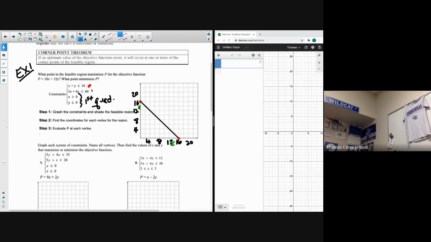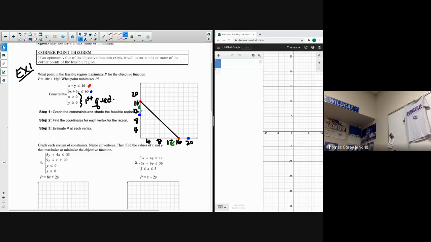All right, the other one, thinking about the intercepts, my x-intercept is going to be 60 over 3 is 20, so it goes through the point 20, comma 0. All right, and then 60 over 6 is going to be the y coordinate of my y-intercept, which is 10. So it also goes through 0, comma 10.